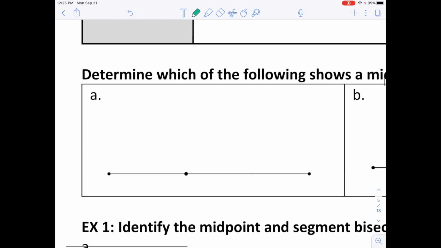So if we look at example A, we can assume that this is not drawn to scale, but if you look, this segment is significantly shorter than this segment. Okay, if I wanted to know that these two were congruent, they would have to have some sort of mark or some sort of distance labeled.